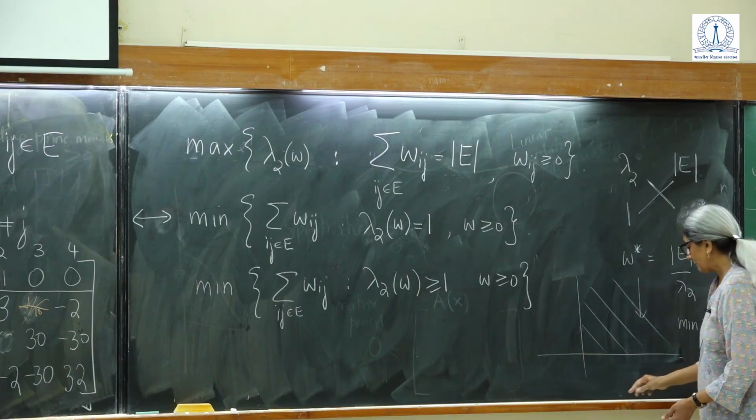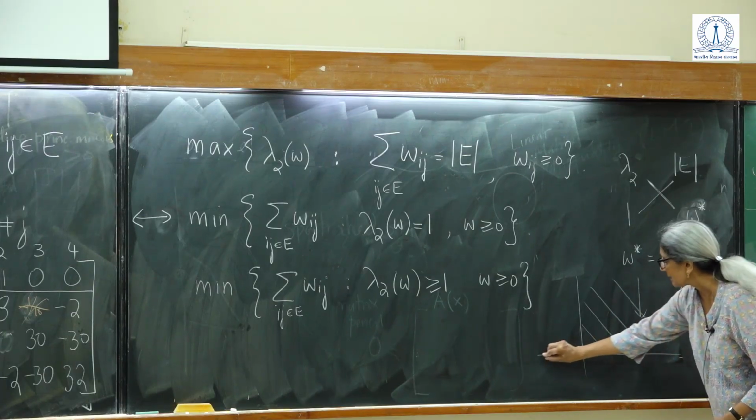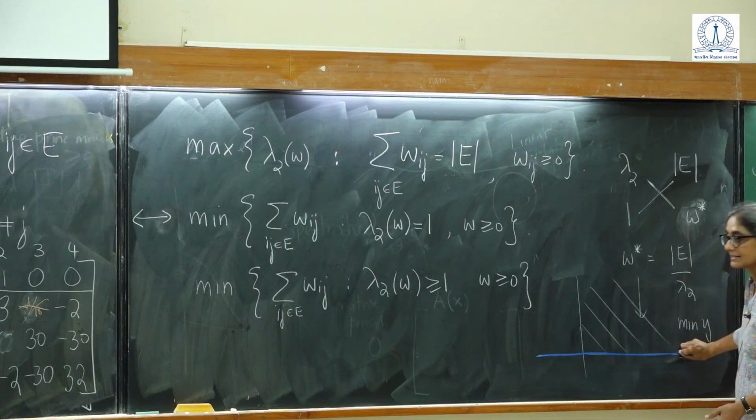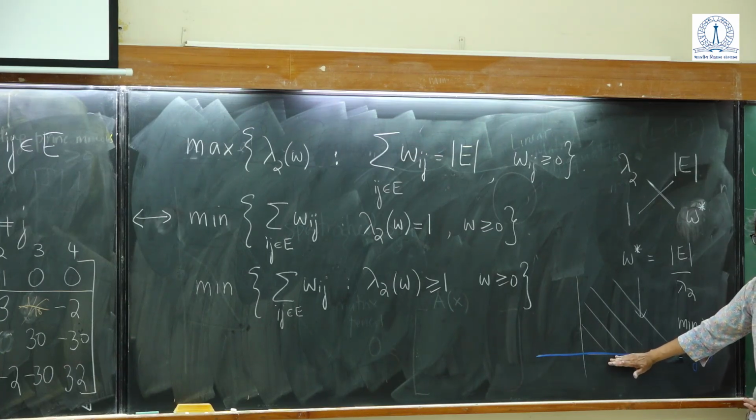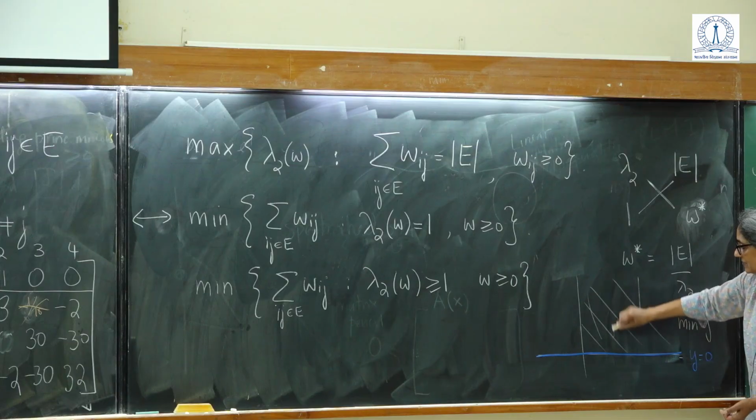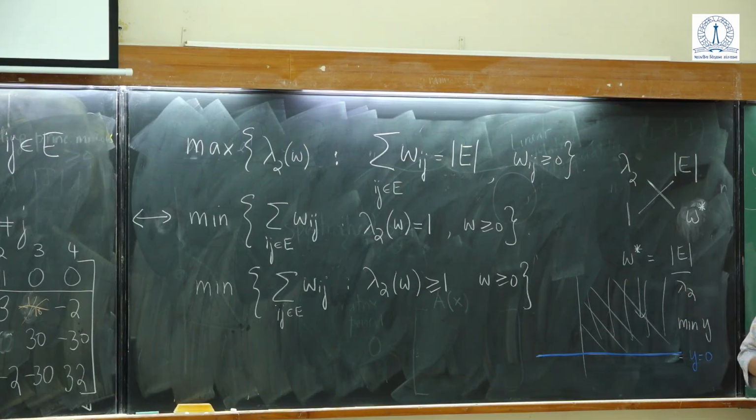Minimizing on this is the same thing as minimizing on just this. Do you agree? The blue set is y equal to 0, and I can minimize y on y equal to 0, it'll be here. But if I expand the feasible region to this, it's kind of useless. I'll still minimize on the original place. So that's the trick here.